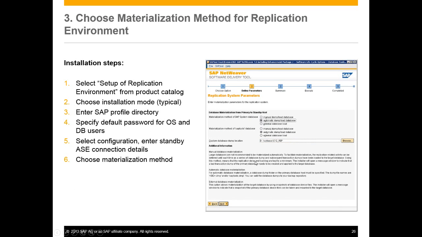Slide number 26: once you've done the primary setup and the secondary setup, the next thing is what we call materialization. All the data in the primary database, you need to have the same set of data on the secondary database before you can do the real-time continuous replication. So this third step does the materialization for you automatically as well.